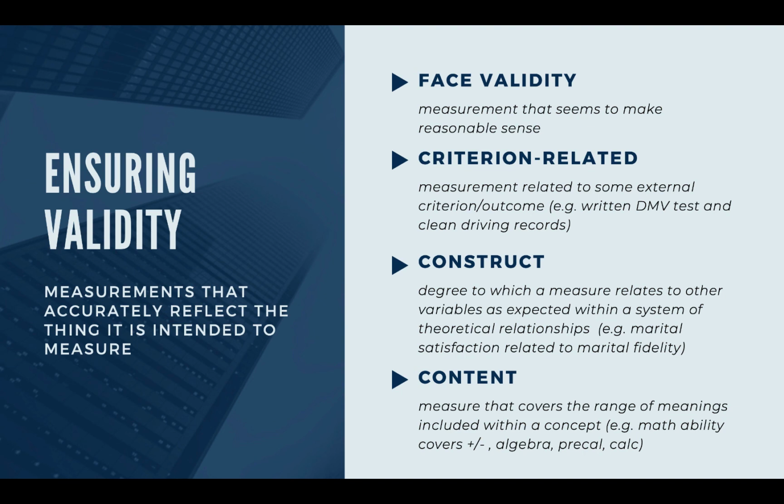So there are various types of validity. The easiest one is face validity. Does it seem like on its face these questions are measuring the thing that we intended to measure? And then again, from psych testing theory, we have various sorts of validity. So criterion-related validity, construct validity, and content validity. You can spend some time reading those, but we won't go into those in this class.